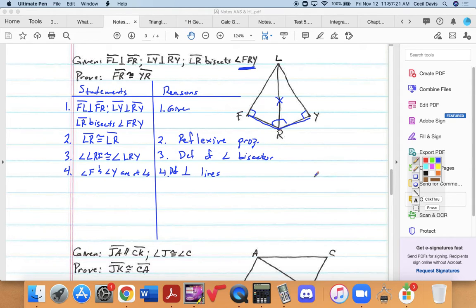Angle F and angle Y are congruent to each other. What's the reason for that? All right angles are congruent.